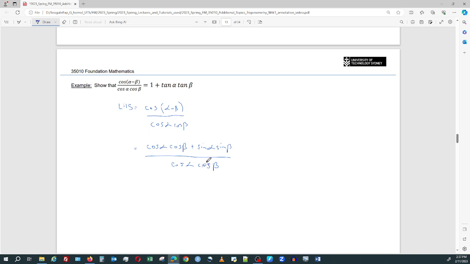And the not so obvious things are that we've got to split fractions. So if we split the fraction, we get cos alpha cos beta over itself plus sin alpha sin beta over cos alpha cos beta. What can you see there?